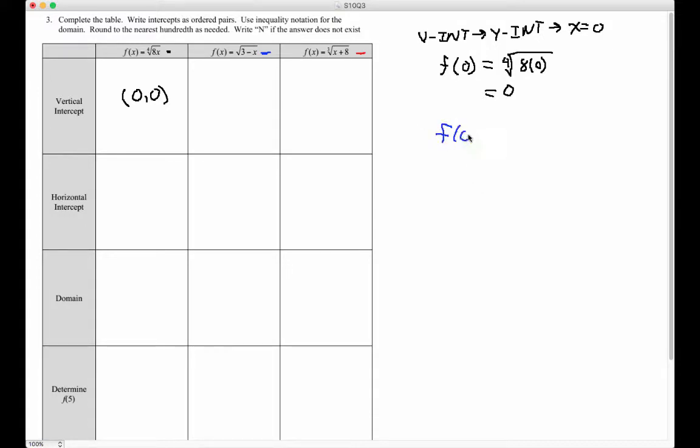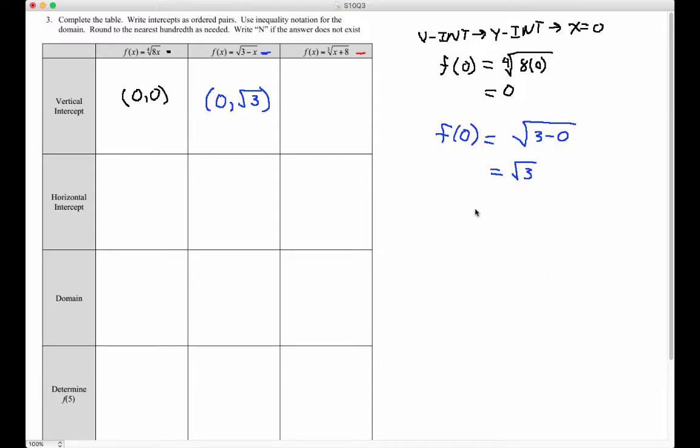Okay, so f of 0 is equal to the square root of 3 minus 0, and that's going to evaluate to just the square root of 3. So that tells me that the ordered pair that corresponds to the vertical intercept on this particular problem is going to be at 0, square root of 3.